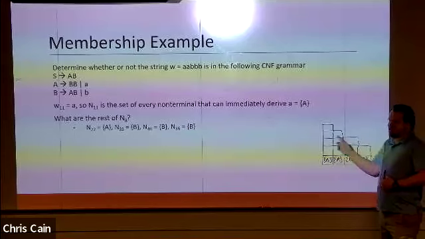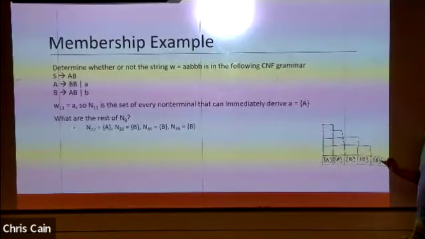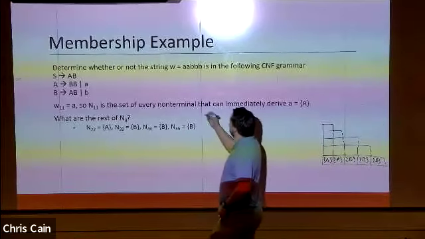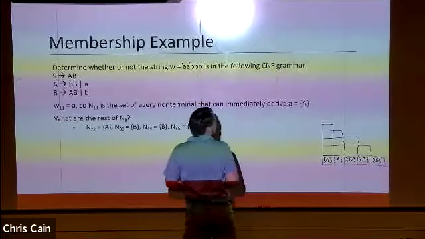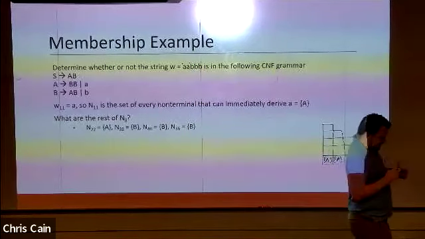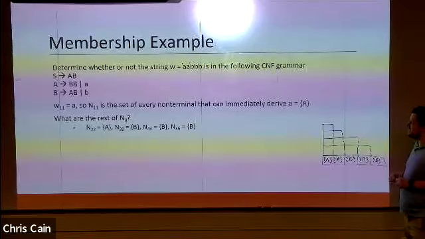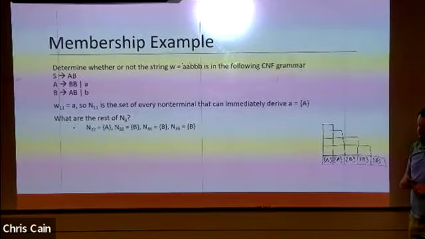So all of these are going to be sets. So it's the set of non-terminals that can derive the substring starting at 1 and going up to 2. So we want to figure out via what process can we derive AA.